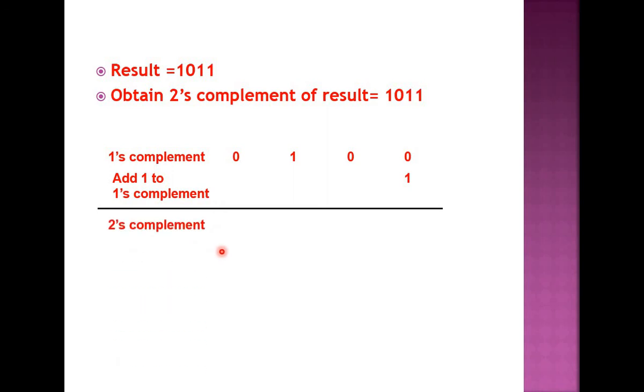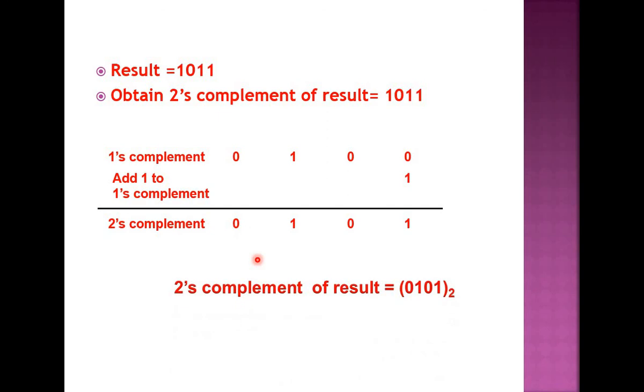So here the 1's complement of this result is 0100. Again we have to add 1 to the 1's complement, and we get the 2's complement: 0 plus 1 is 1, the 0 is 0, the 1 is as it is, and the 0 is here.